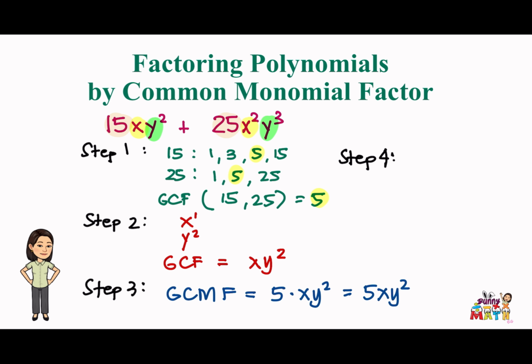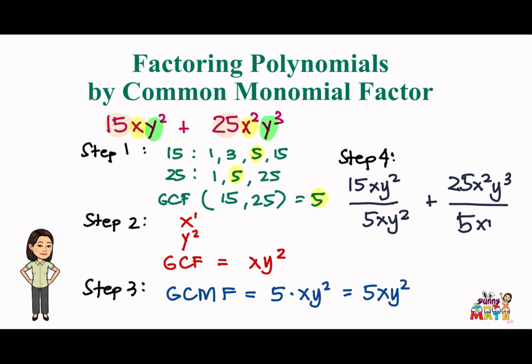And for the last step, we divide each term in the polynomial by the GCMF. So this becomes 15xy squared divided by 5xy squared plus 25x squared y cubed divided by 5xy squared. Now we get the quotient of the polynomial.